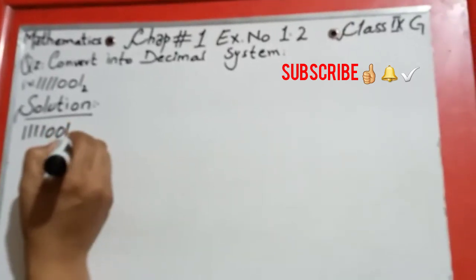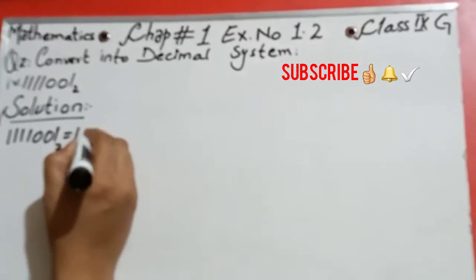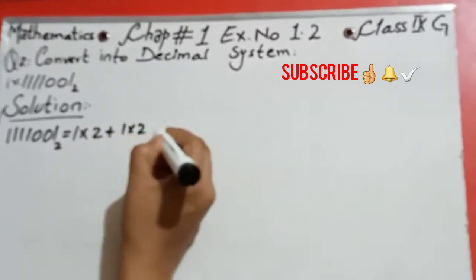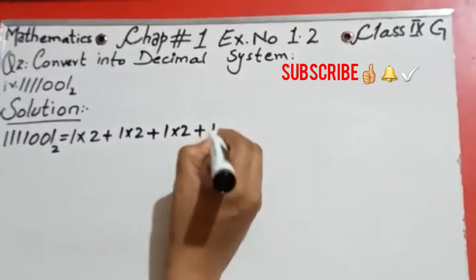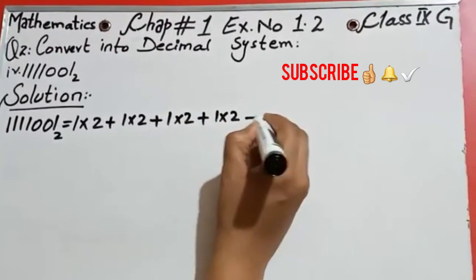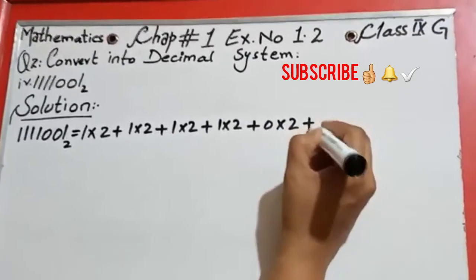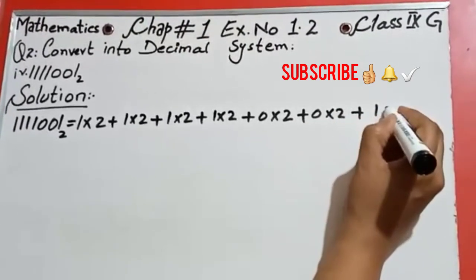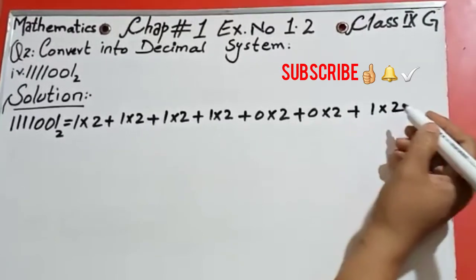Apply the same method. Clear? Left to right side: 1 is to 2, plus 1 is to 2, plus 1 is to 2, plus 1 is to 2, plus 0 is to 2, plus 0 is to 2, plus 1 is to 2.